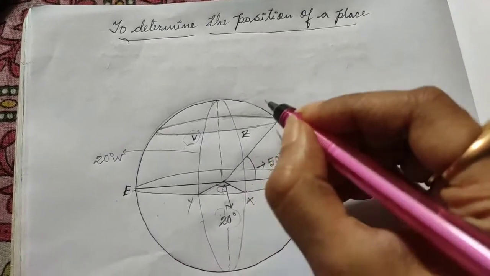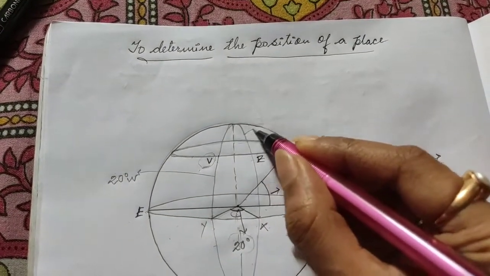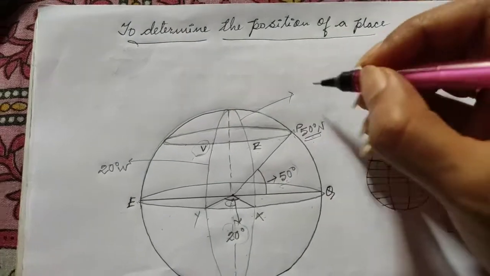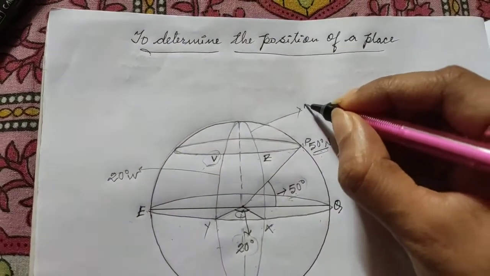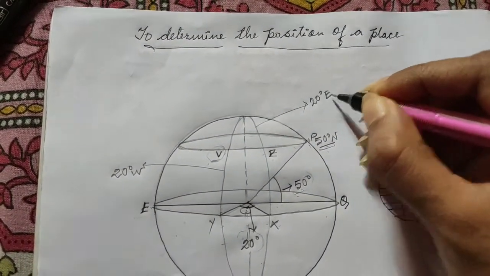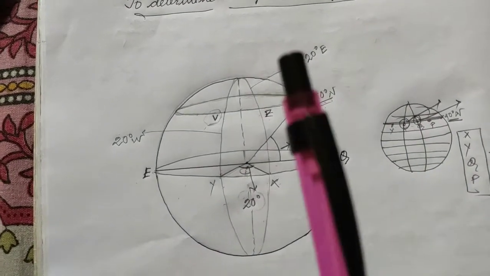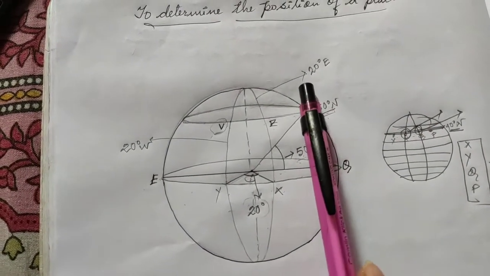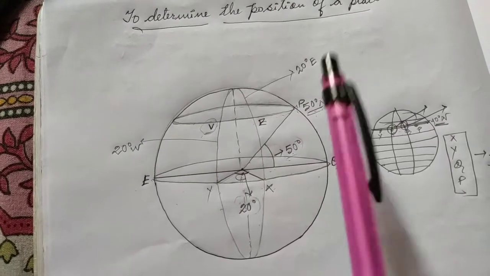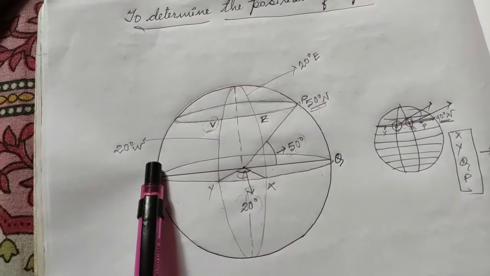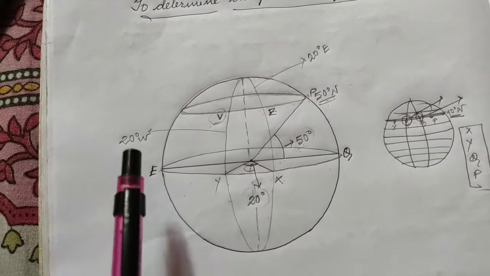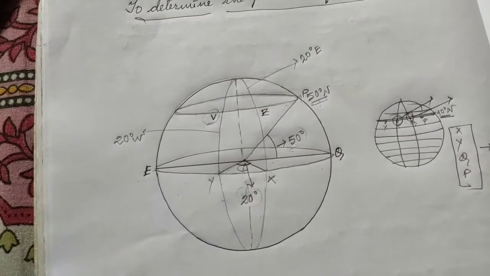And this longitudinal line is 20 degrees east. That means which place will be on that side, it will take 20 degrees east longitude, and here it will take 20 degrees west longitude.